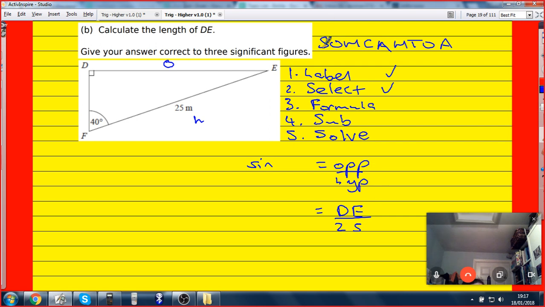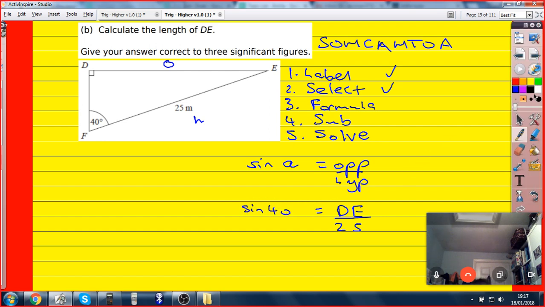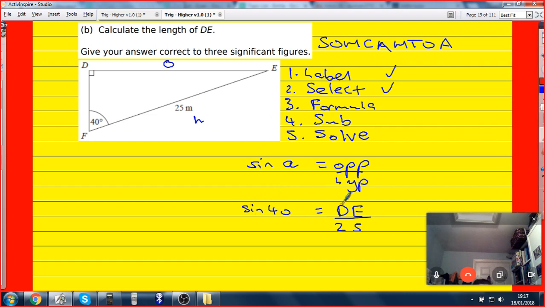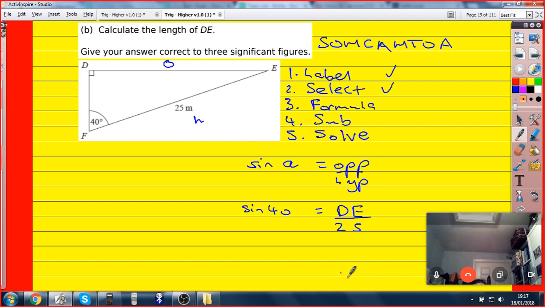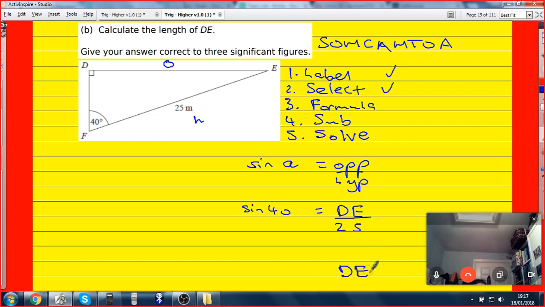It's always sine, cos, or tan of the angle. So you'd put the angle there then. It's 40. So sine 40 equals DE over 25. I'm just going to call it DE instead of x. So we're trying to find DE.